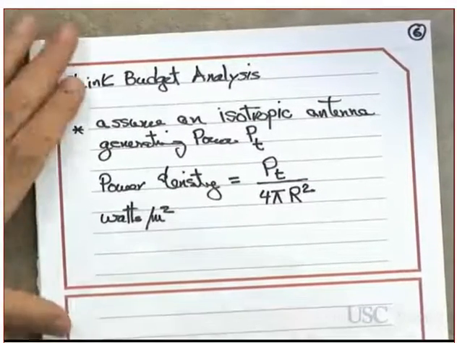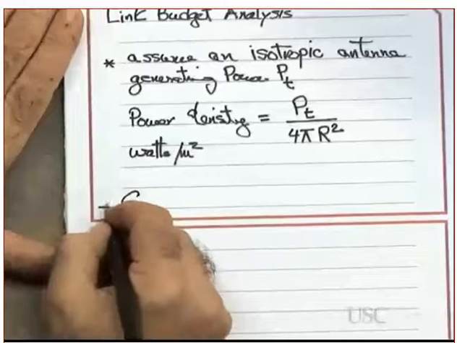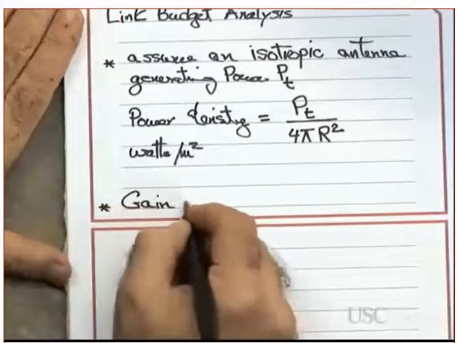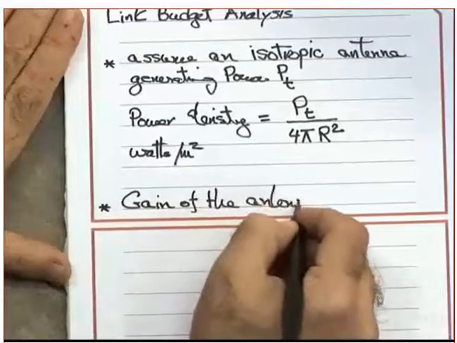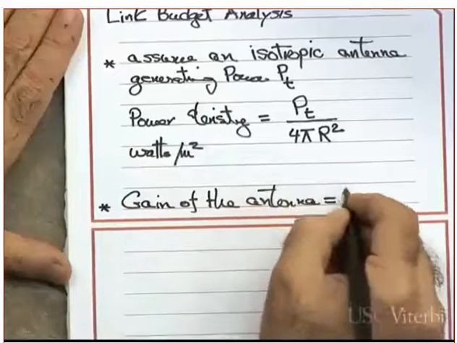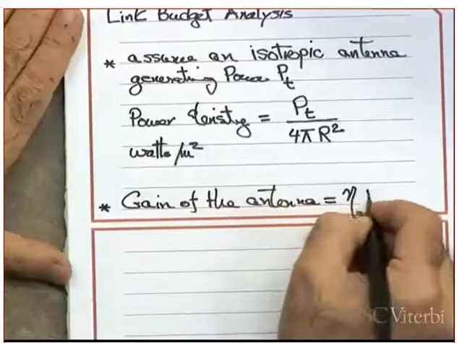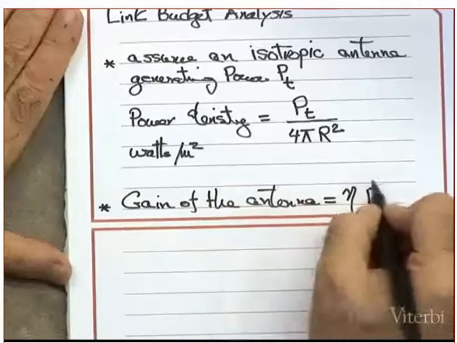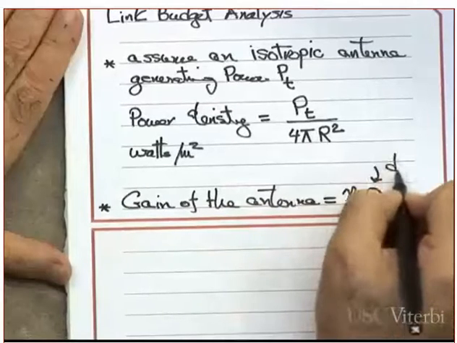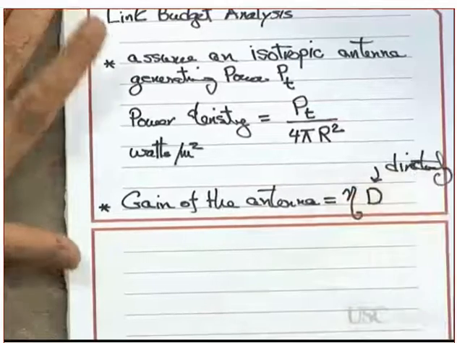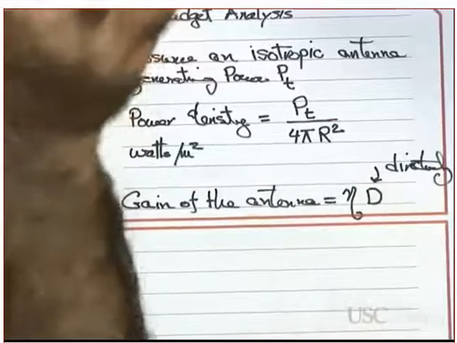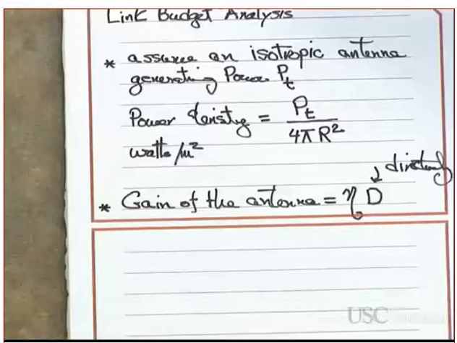So we define the gain of the antenna as eta times D, where D is the directivity. Question. The more direct the antenna is, is the gain higher or lower?